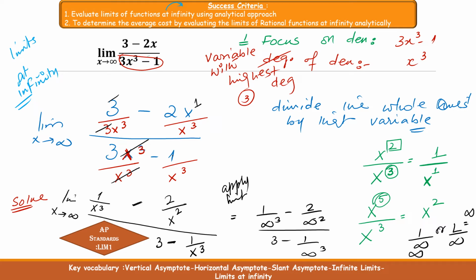If infinity is up and the number down, then the answer is infinity. So here 1 over infinity gives us 0, minus 2 over infinity 0, 3 minus 1 over infinity is 0. 0 minus 0 is 0, 3 minus 0 is 3, and 0 divided by 3, the answer is 0.